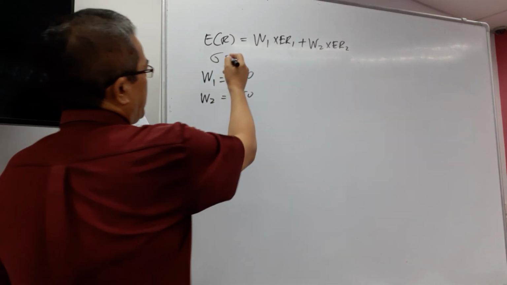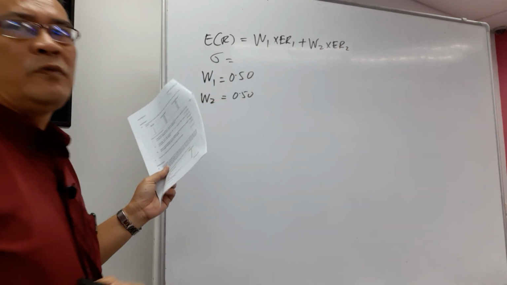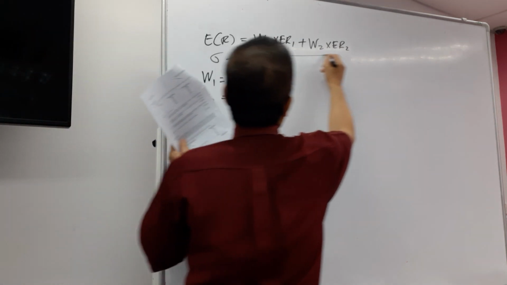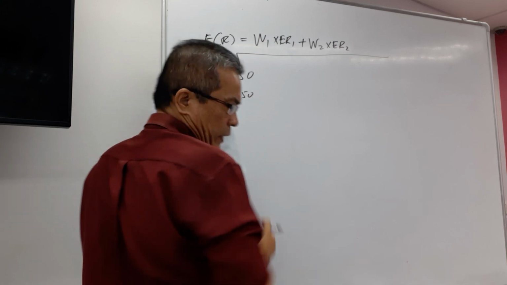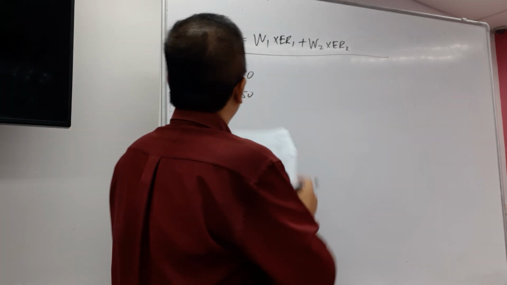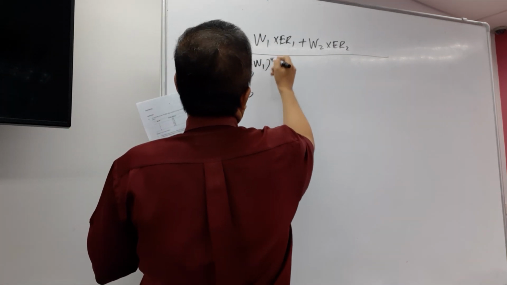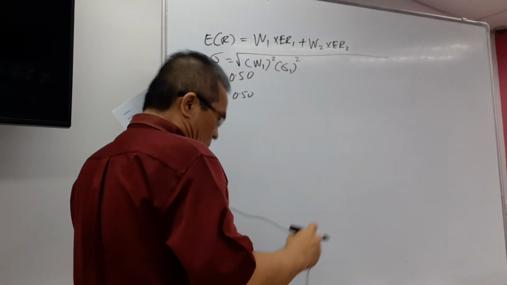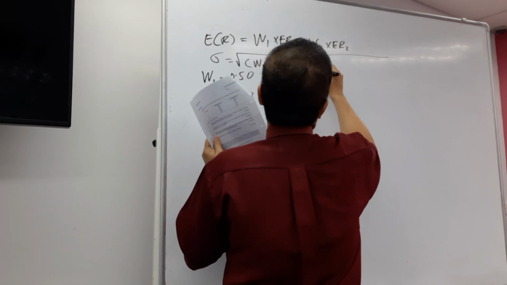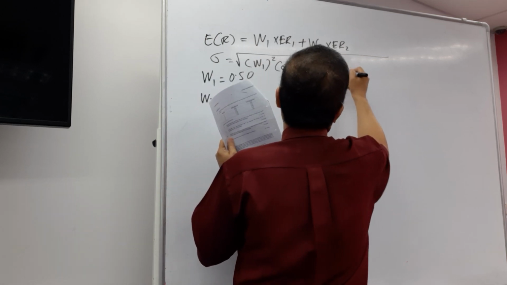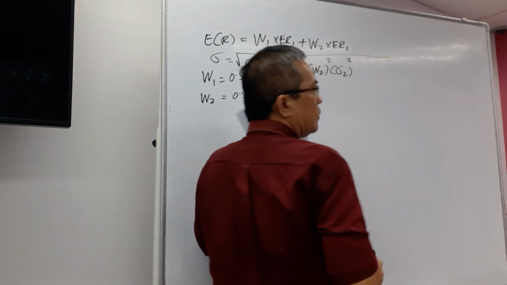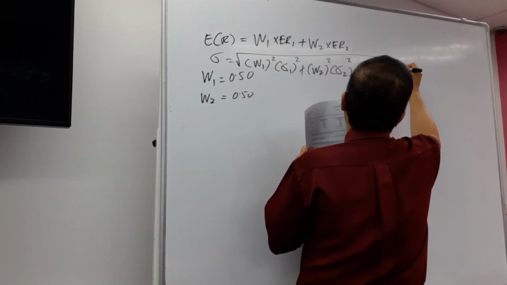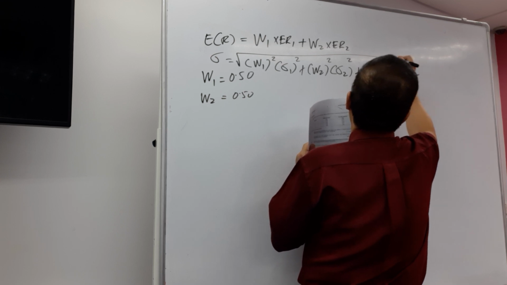And for the standard deviation of a two asset portfolio, as usual, the formula is W1 to the power of 2, standard deviation of 1 to the power of 2, plus W2 to the power of 2, standard deviation of 2 to the power of 2, plus 2 W1 W2 covariance 1 2.